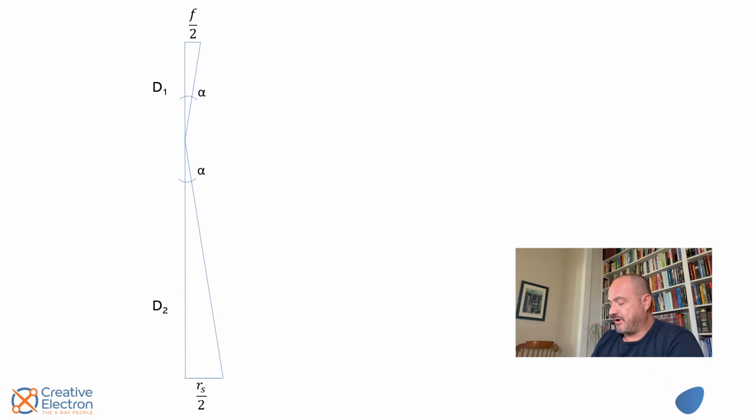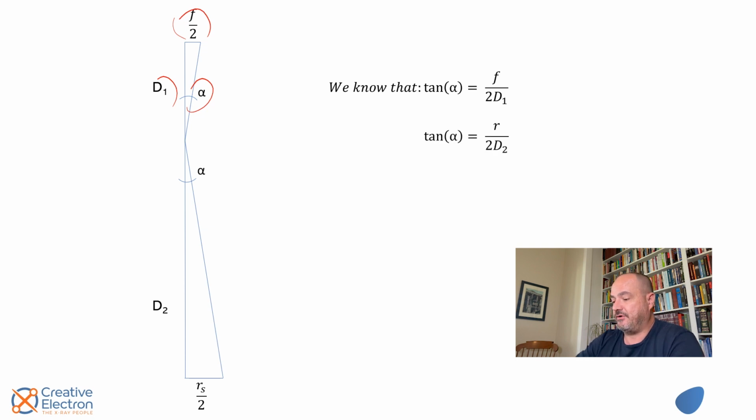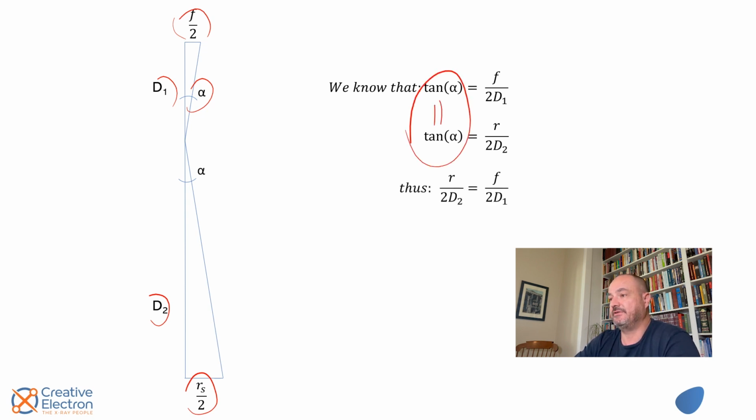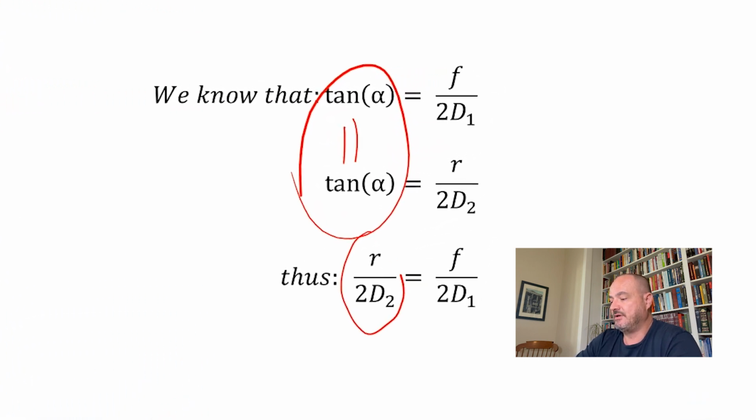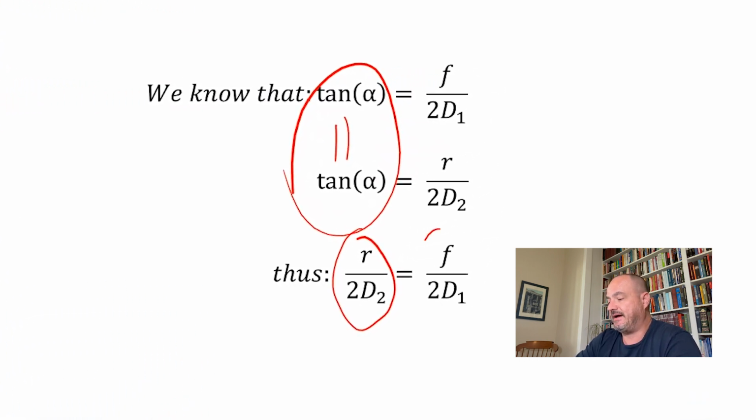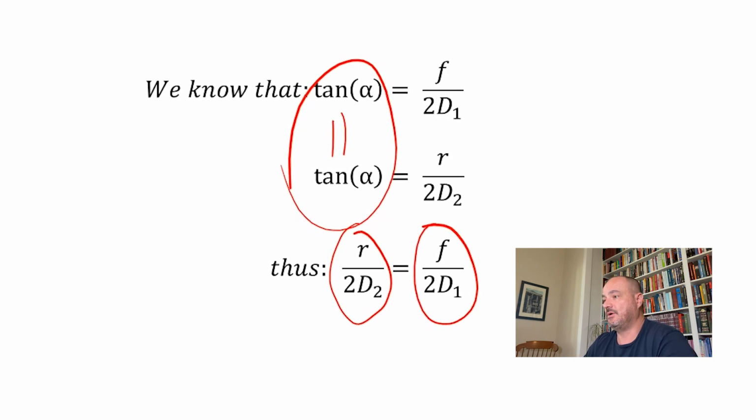A very simple calculation now tells you that the tangent of alpha is equal to f divided by 2 divided by d1. Similarly, tangent of alpha is also rs divided by 2 divided by d2. If I equate those two, what we get is that rs divided by 2 d2 is equal to f divided by 2 d1.